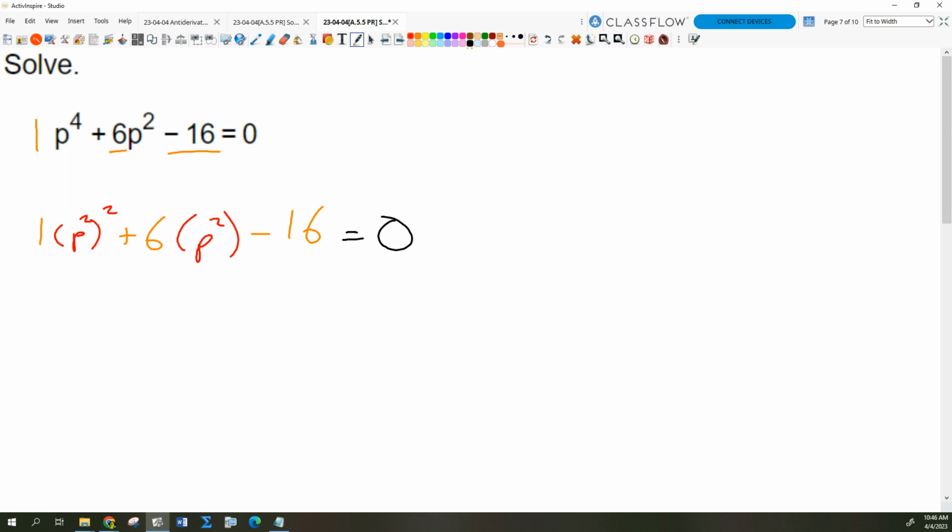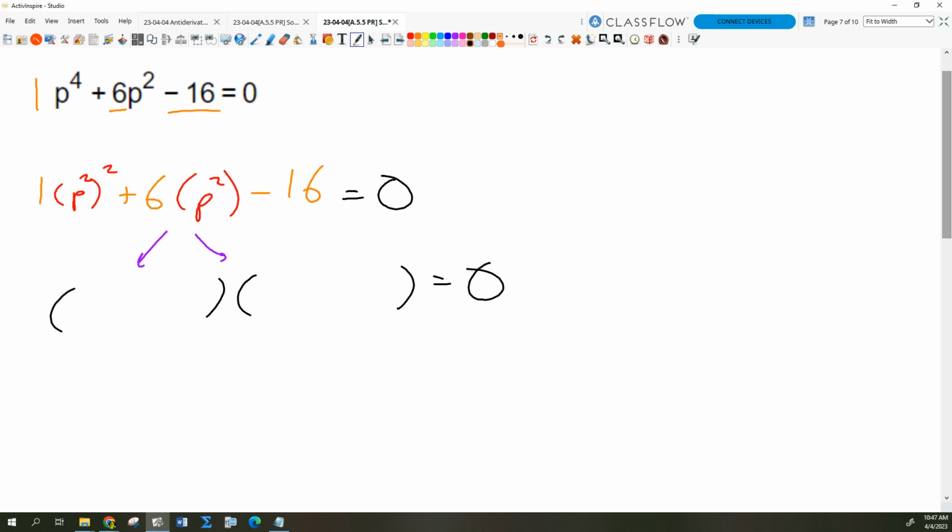Okay, so what would our magic numbers need to be here? First of all, let's break this apart. We know that what has to go here and there, when I distribute, I get p squared squared, or p to the 4th. Those would both have to be p squareds, right?